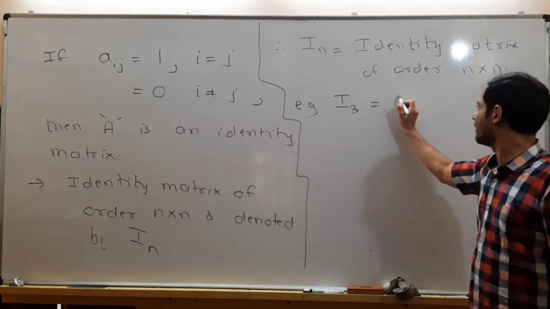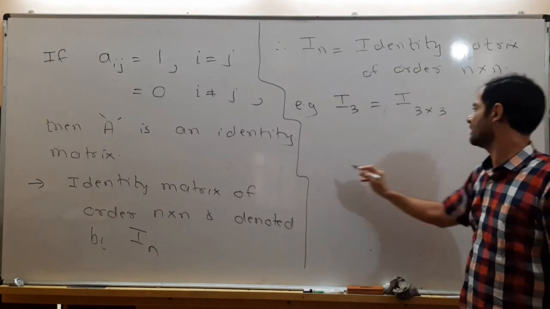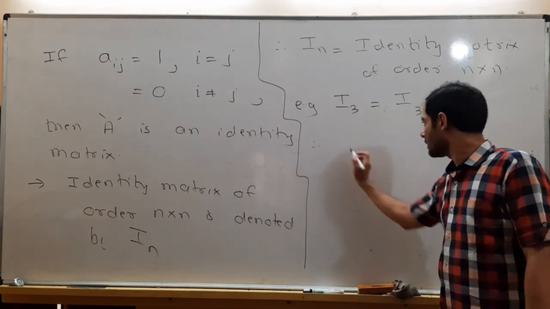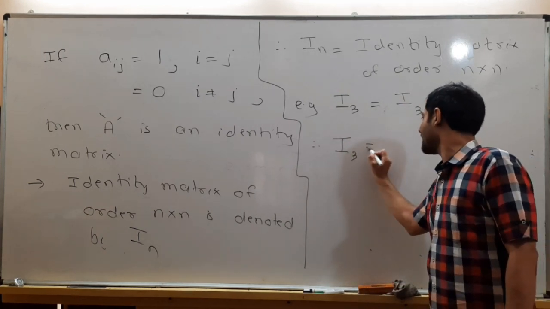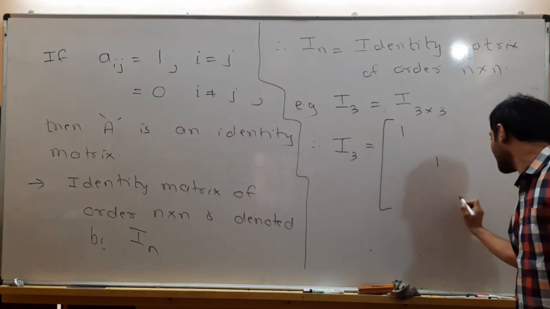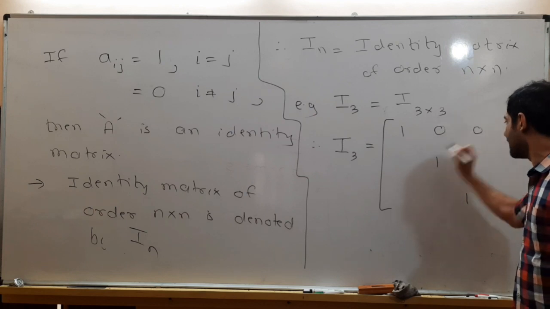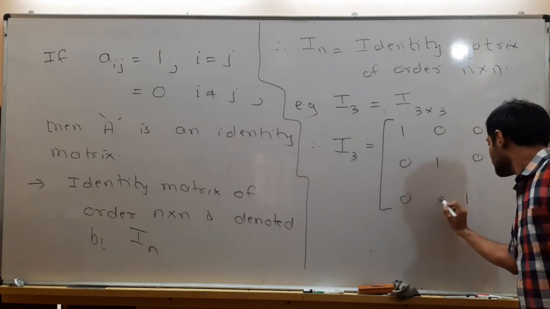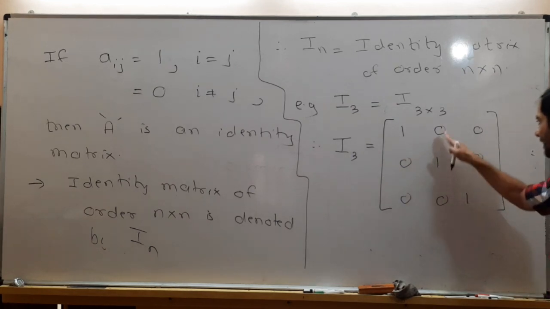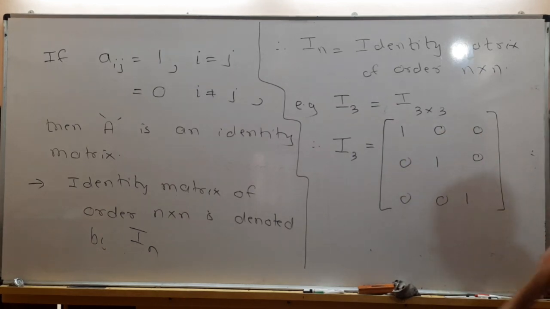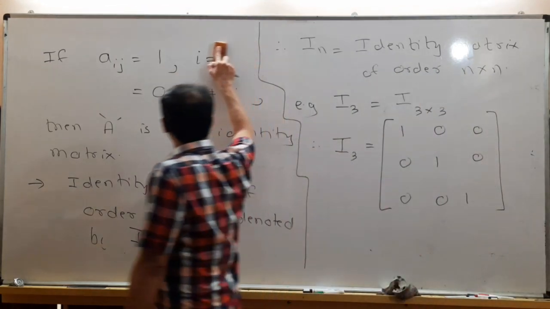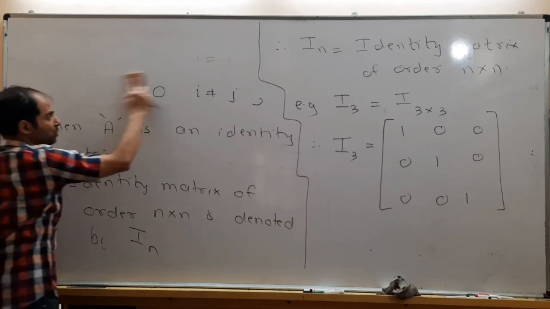I3 will be actually equal to I 3 cross 3. So I3 can be written as main diagonal has to be 1 and non-diagonal elements have to be 0. So I just wrote 1 on the main diagonal and 0 at the non-diagonal places. So this is I3, identity matrix of order 3. Then I will write I2.